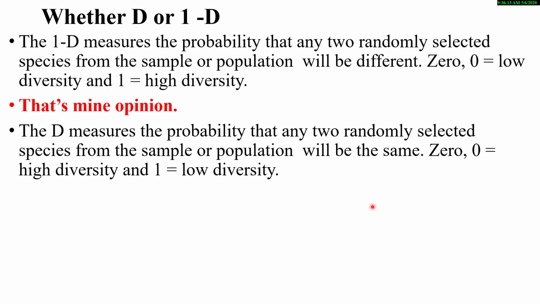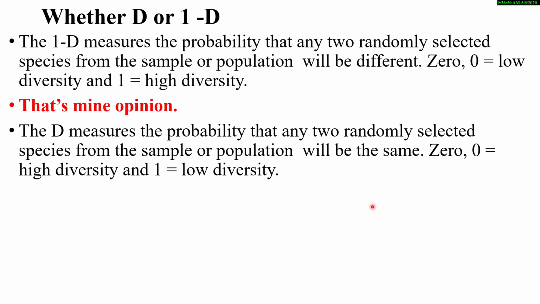Here, when the answer is equal to 0 or gets closer to 0, it means that the diversity is high. When the answer gets closer to 1, it means that the diversity is low. Please don't be confused about the 1 minus D and the D.